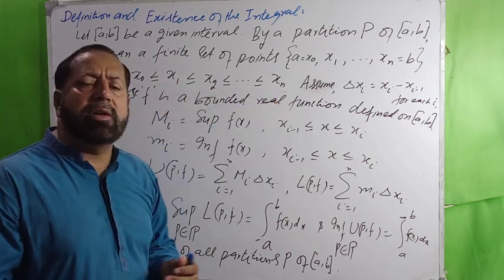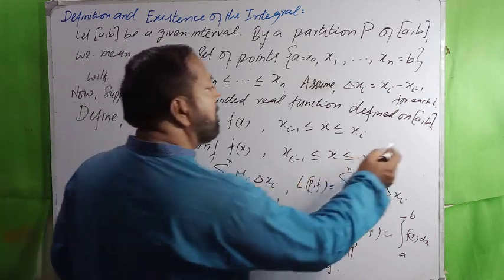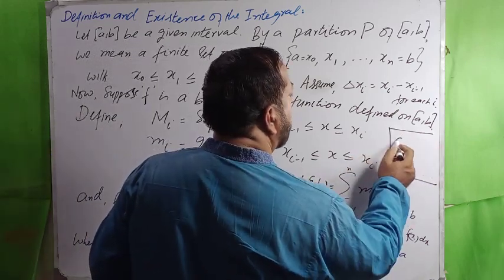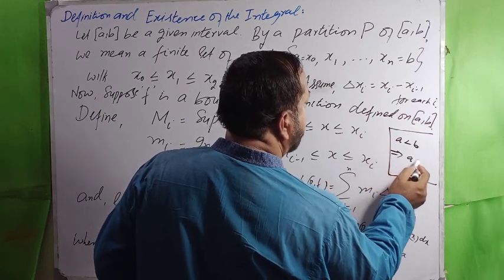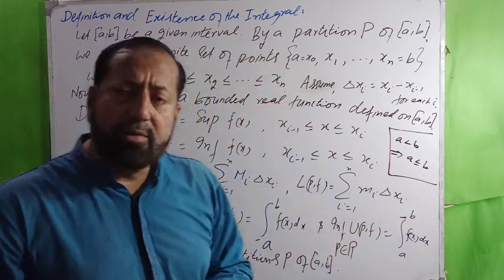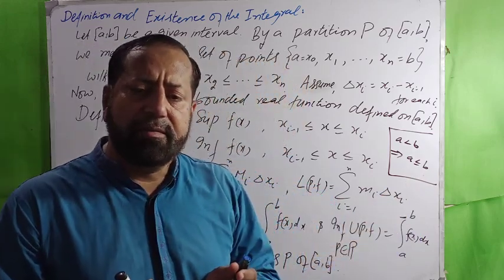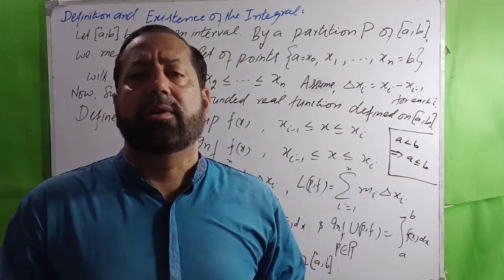Yes, writing less than or equal to is a more general way, because when a is less than b, it implies a is less than or equal to b. I already told you the idea of less or equal.